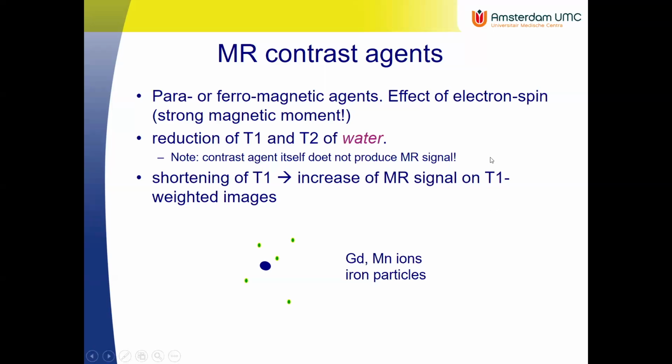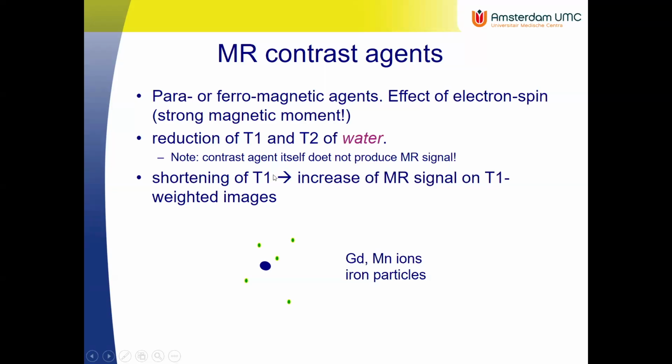That is in contrast with, for example, CT, where you inject iodine, and the iodine actually absorbs a lot of the X-rays. So that actually does produce a contrast itself. But here we talk about influencing of T2 and T1 relaxation rates of water.